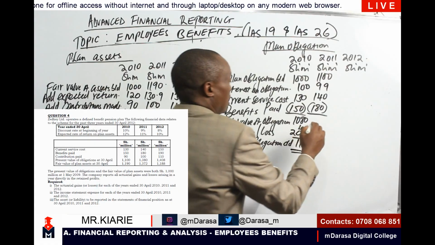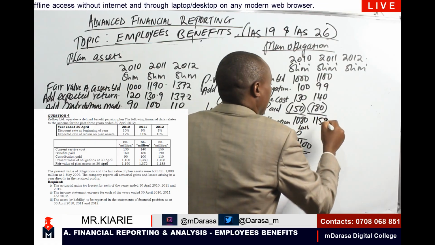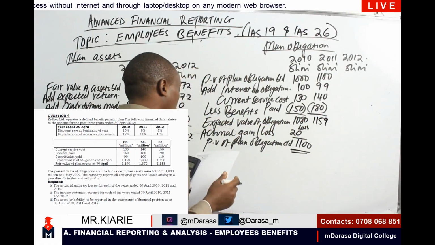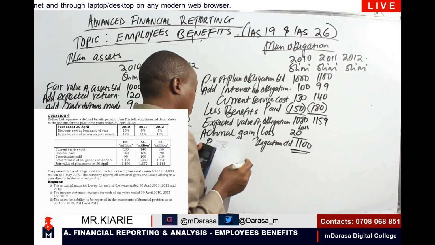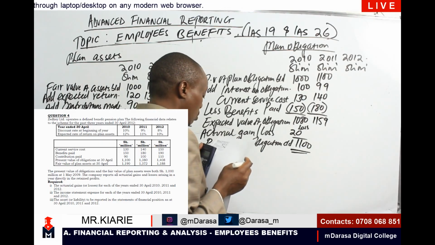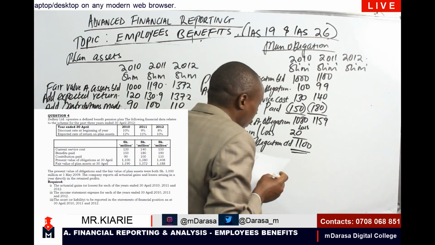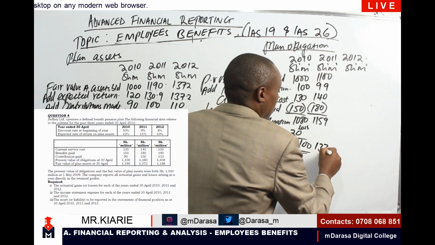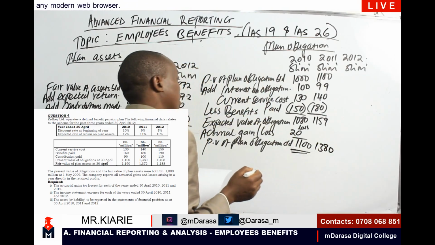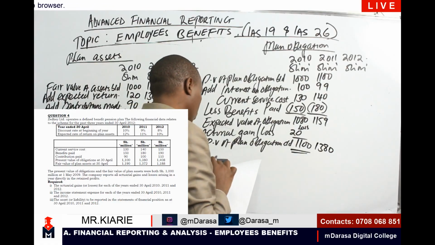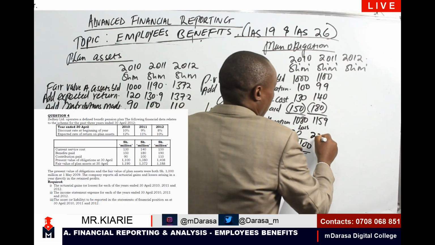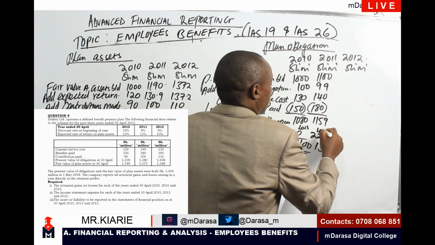This gives me 1,159. And I know as at the end of 2011, the present value of plan obligation was 1,380. So again, there was a loss of the difference, which gives me 221, which is also a loss.